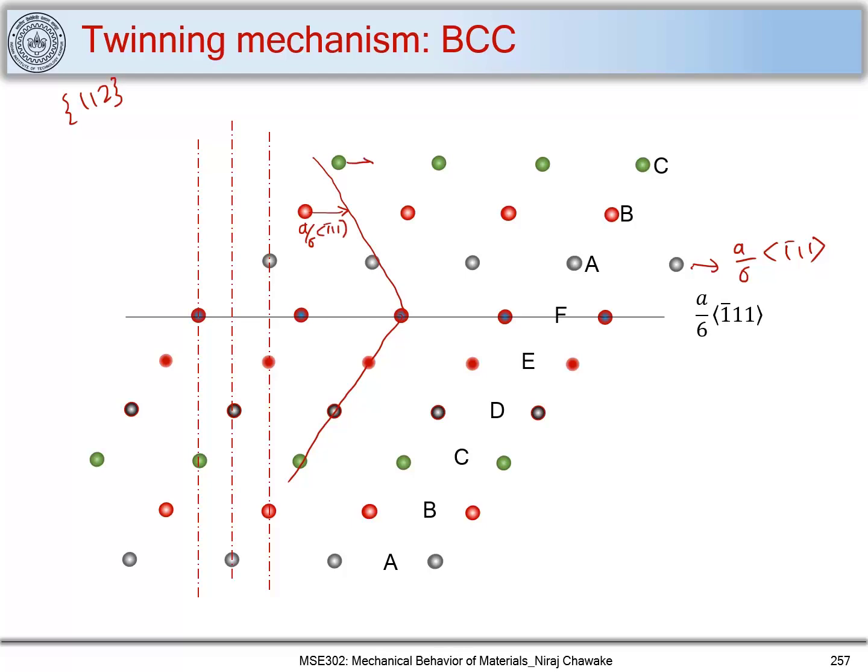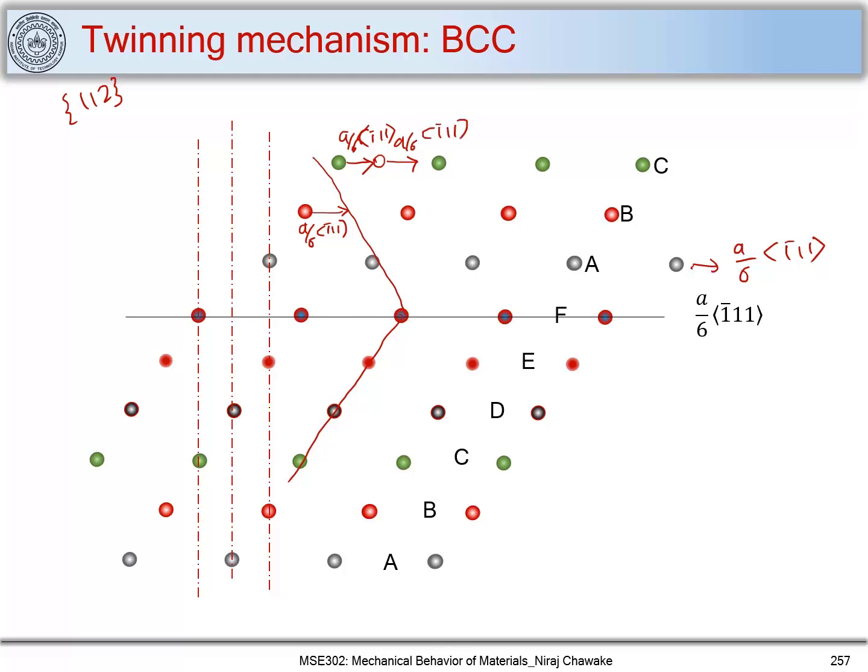Same, I have to move it here by a/6 [-1 1 1]. And again, the last step will be to move this C layer, and when this atom reaches here, I can move it another a/6 [-1 1 1].